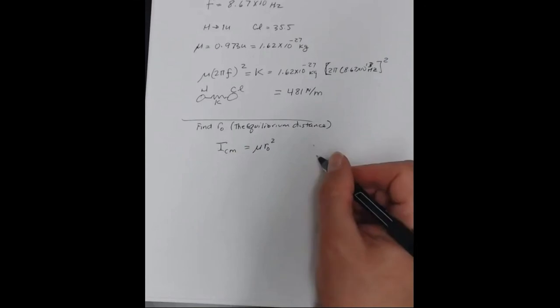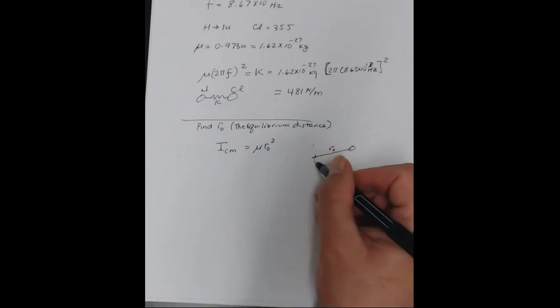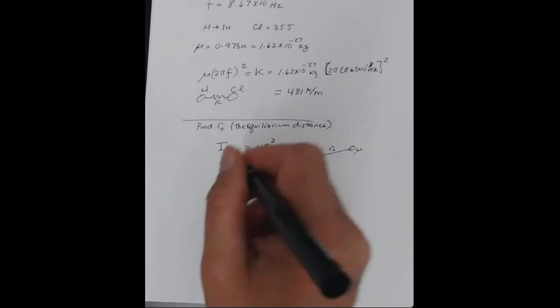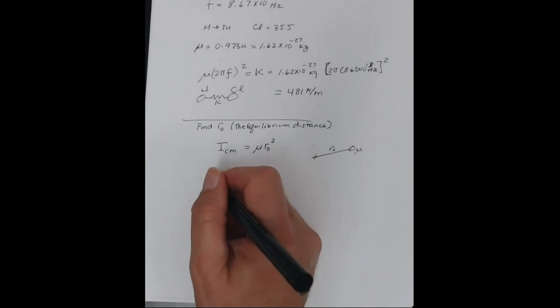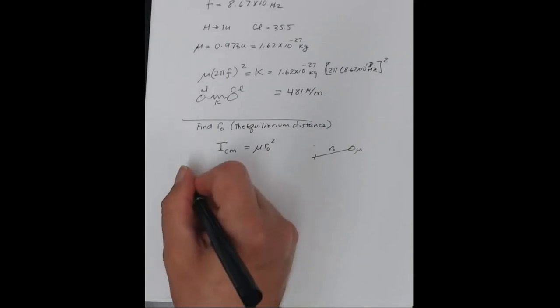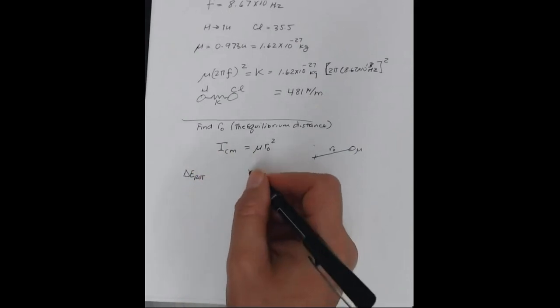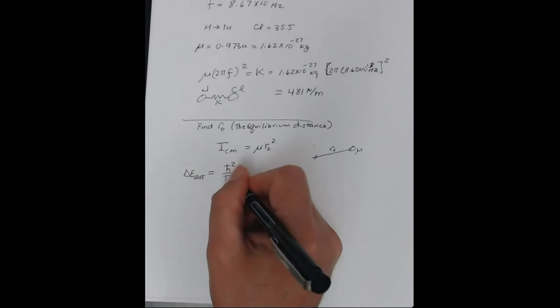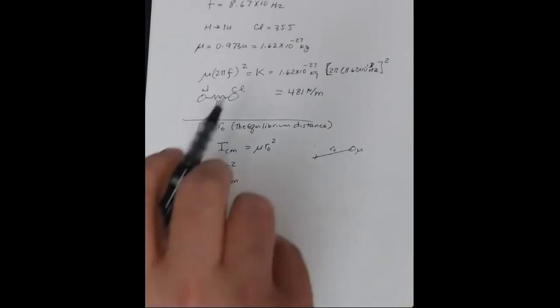Okay, it's the moment of inertia of a single particle R naught from the pivot point. So what else do we know? We know that the change in the rotational energy is equal to h bar squared over. So we need that from our picture.